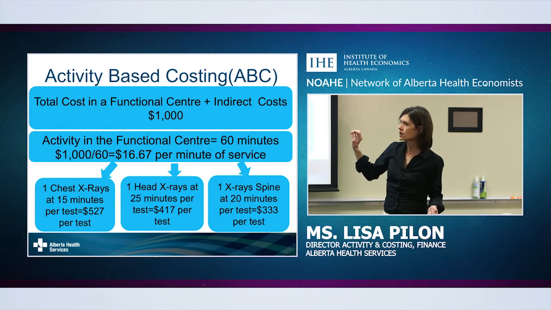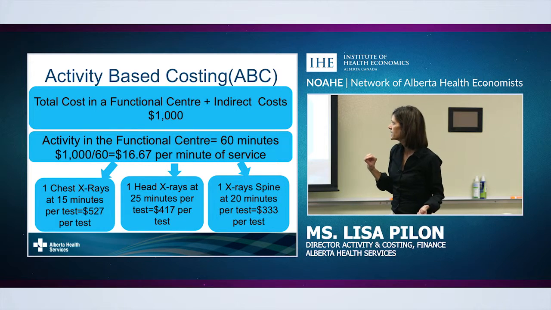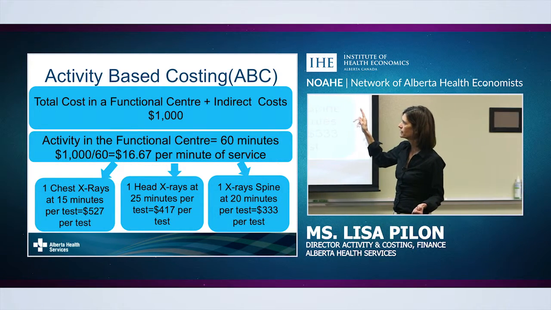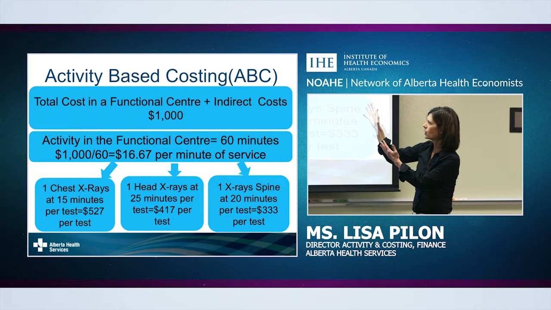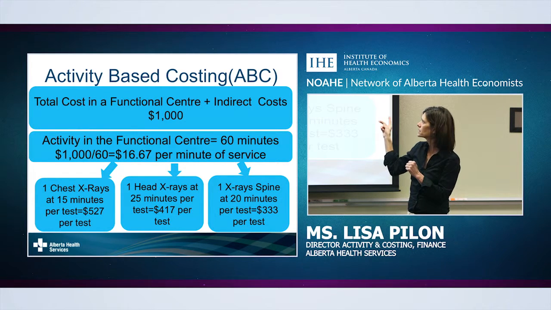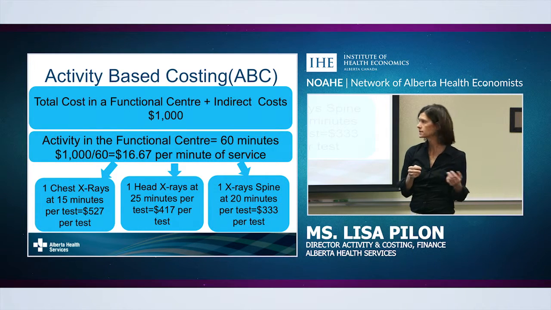What activity-based costing does is it takes, and in this example, we're using minutes of service. So what it's doing is it's saying within that $1,000, we've delivered 60 minutes of service. So then what we do is we know ahead of time that a chest x-ray example takes 15 minutes, and a head x-ray takes 25 minutes, and a spine x-ray takes 20.